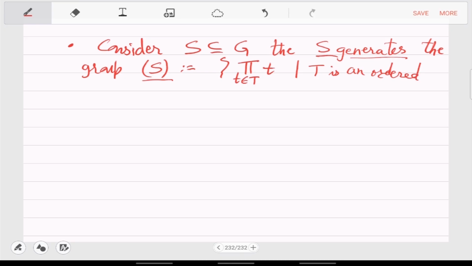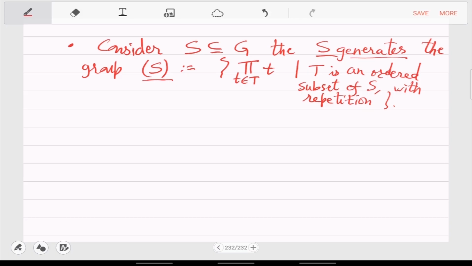T is an ordered subset of S with repetition. So you basically pick as many elements as you want from S and with as much repetition as you want. And you are taking it in order, and then in that order you do the multiplication and you get an element in G.